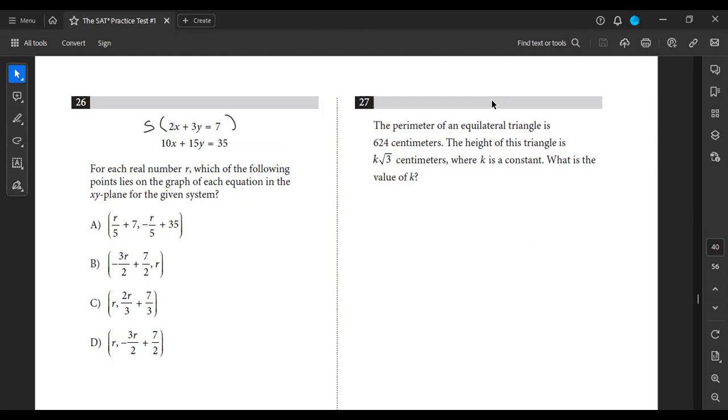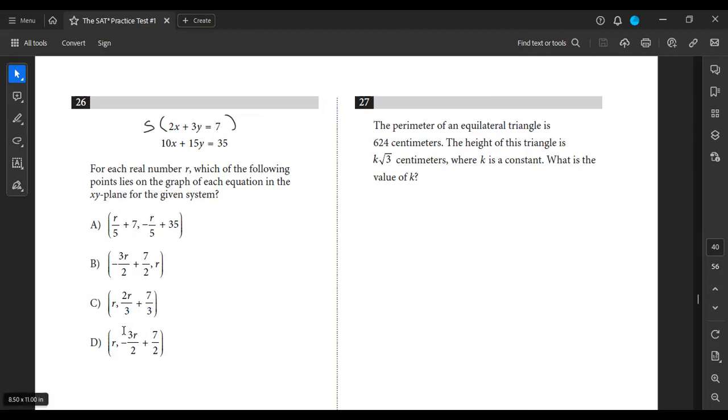What I did the first time, I'm going to do the same thing, just in case you guys want to go through my mindset. Basically, what it means is that for each number r, if we substitute r for either x or y, like if we substitute r for x, our answer should be either this one. You can see that x is r, and then our y should be this.